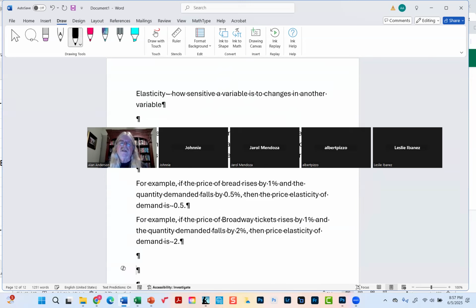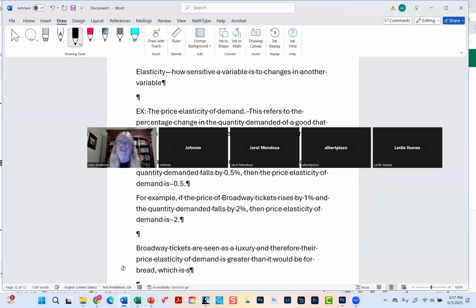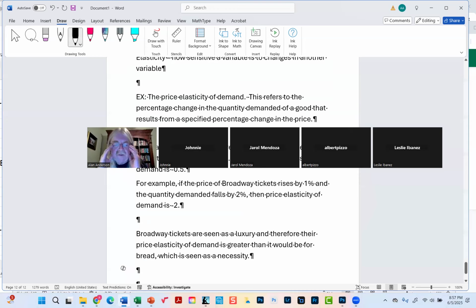So in other words, Broadway tickets are seen as a luxury, and therefore their price elasticity is greater than for bread, which is seen as a necessity. You gotta eat. You don't have to go to a show, but you have to eat. Okay. So this is a classic example of what the word elasticity means in economics. How sensitive is one variable to changes in another variable?